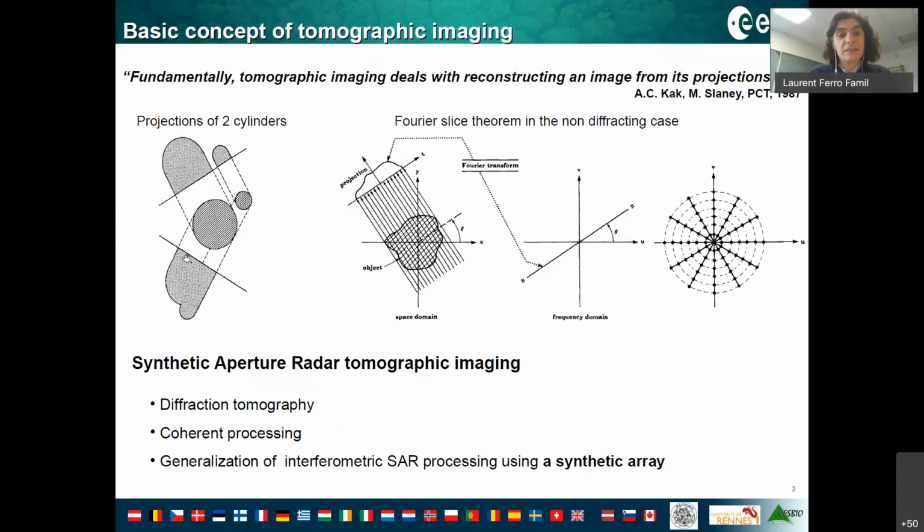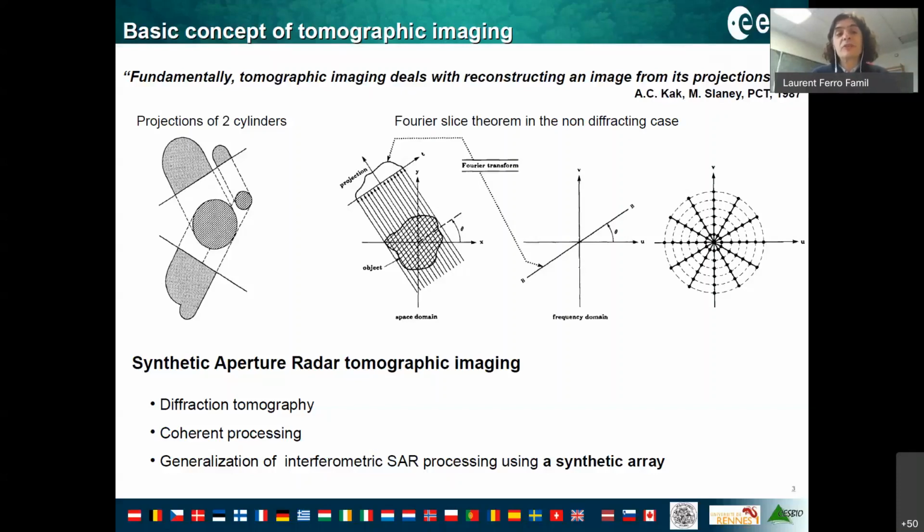So this distance corresponds to the orthogonal distance between this line and the last point you can see there. When you look at this one projection alone, you could not say that you are looking at two cylinders. But when you add this other projection, the whole picture starts to be much clearer. So this is a nice example of what tomography is about.